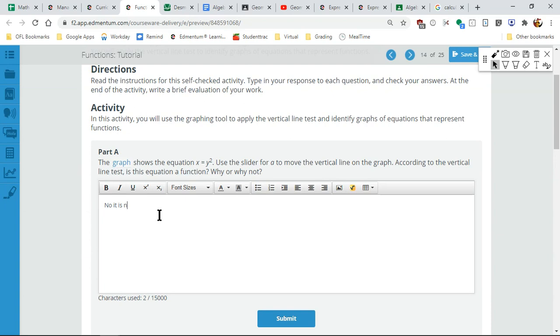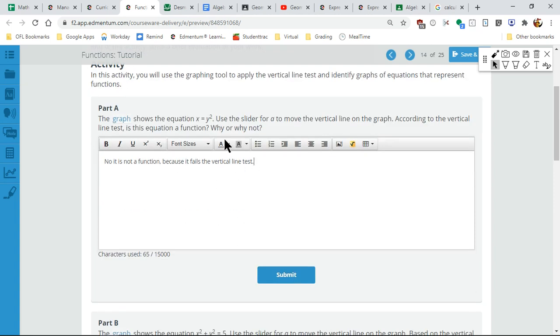No, it is not a function because it fails the vertical line test a lot. You don't have to write the "a lot" part, but that's the basic idea. You can use that in your own words.